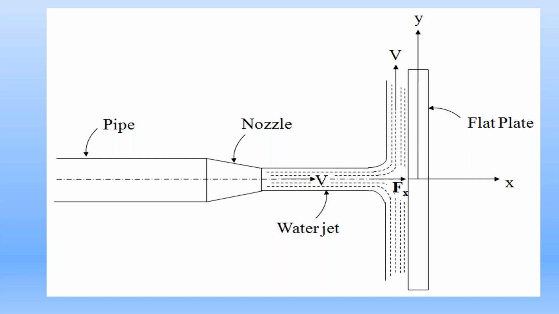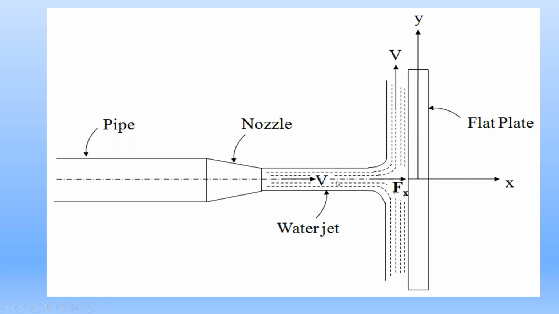So after the impact, the water jet is moving in the vertical direction, that is along the surface of the metal plate, with the final velocity v. Final velocity v is vertical. There is no change in the velocity of the water jet. Initial velocity is v, final velocity is also v, because there is no loss of energy when the water jet impacts the metal plate, because the surface of the metal plate is smooth.